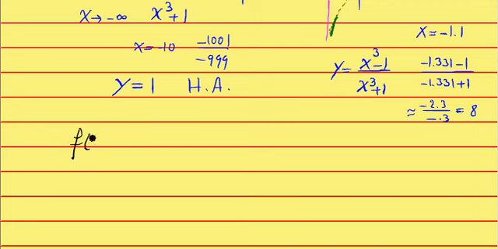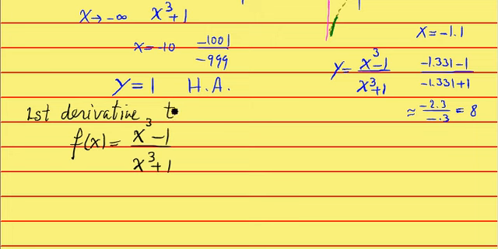So here's our function. f of x was x cubed minus 1 over x cubed plus 1. What am I going to do now? I'm going to do first derivative analysis. Sometimes they call it the first derivative test.